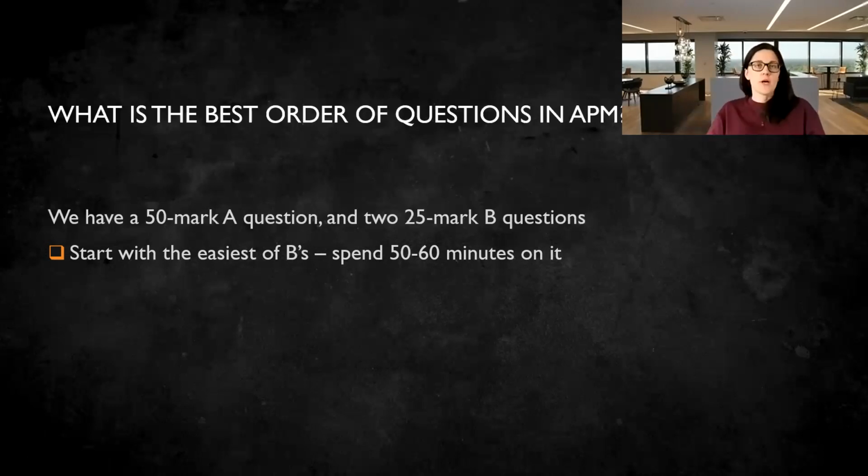As you have already identified that this question is the easiest for you, you need to put as much effort into this question as you can. If you divide the time allowed in your exam, you will see that you have 3 hours and 15 minutes, meaning that you will have something like 45 minutes for each of questions B, and then an hour and a half for question A, and you have 15 extra minutes.